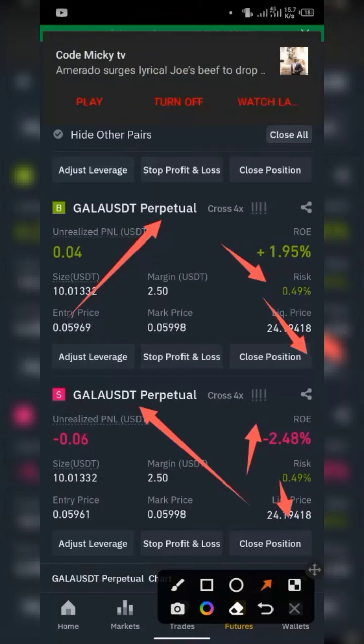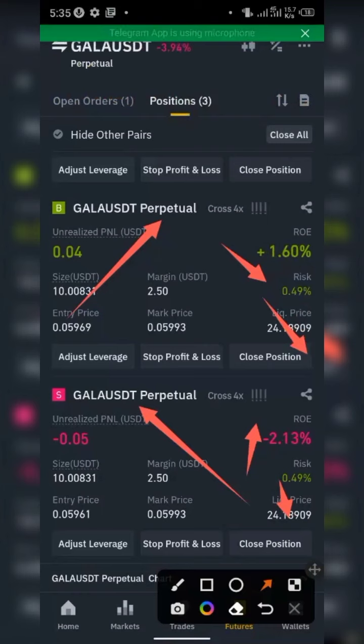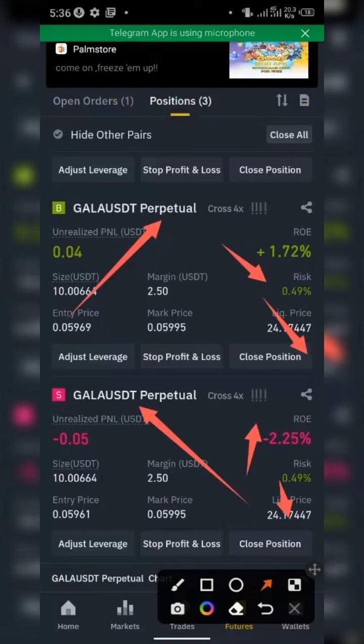So what are the strategies involved in this hedge trading? Let's say particularly we want to long Gala. That is our main direction. We want to predict that Gala will go up. Good. But then we enter with this hedge.